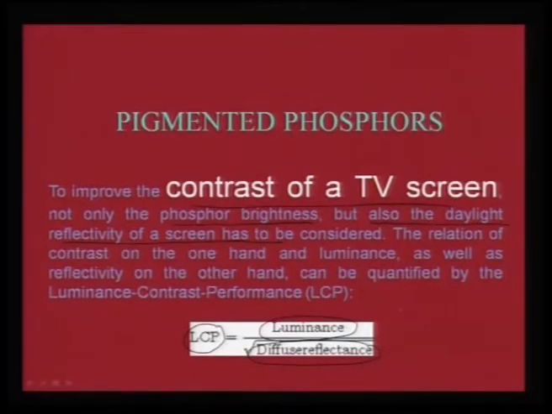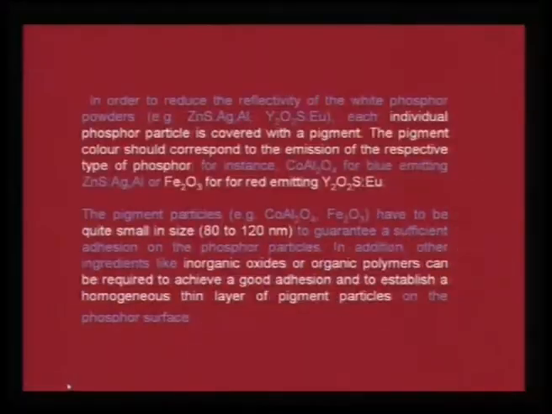As a result, it is generally agreed that this has to be pigmented so that the daylight reflectivity can be controlled when the phosphors are glowing. And in order to reduce the reflectivity of the white phosphor powders, for example, these are all candidates for white phosphor, each phosphor particle is covered with a pigment.